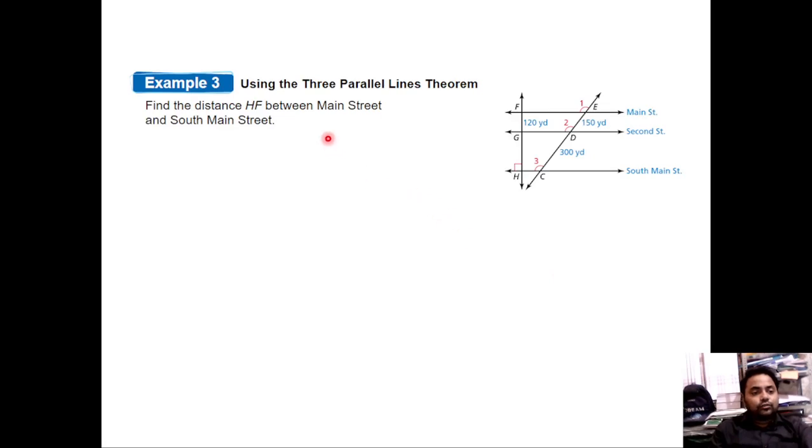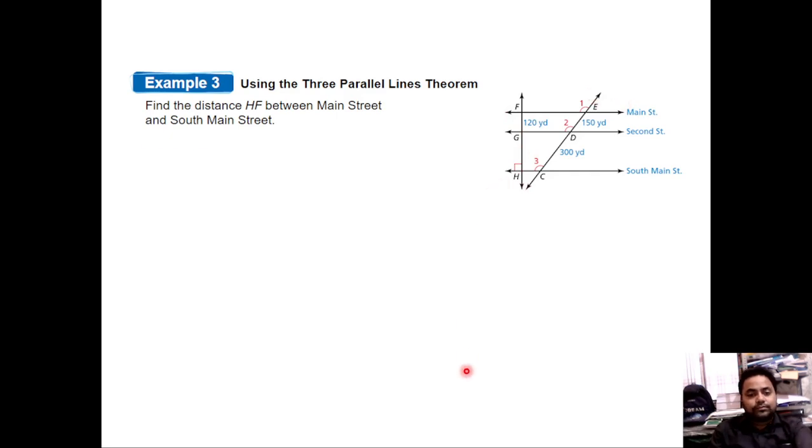Same, using the three parallel lines theorem, find the distance HF between Main Street and South Main Street. FGH are three parallel lines, and this is the line segment which is perpendicular to all the three parallel lines.